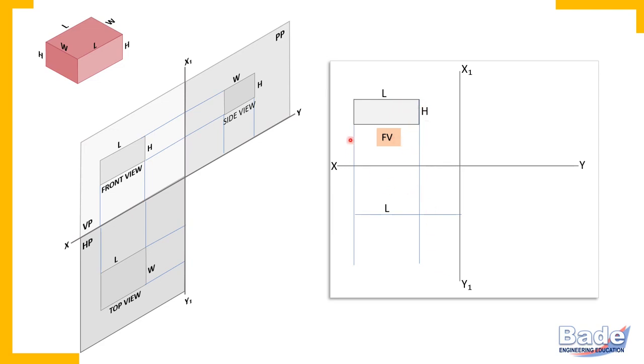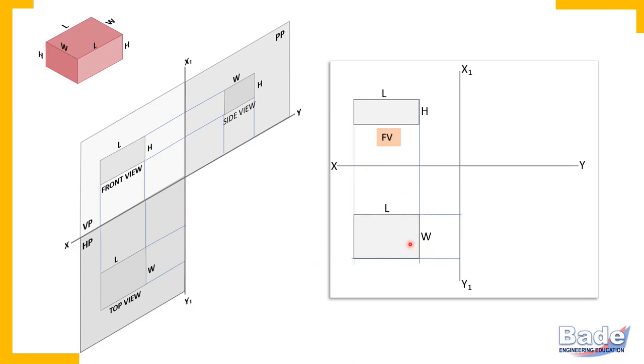So these two lines from the extreme right end and left end of the front view are called end projectors. This is how we transfer length in the top view. We measure width vertically, and this is the top view of the object.